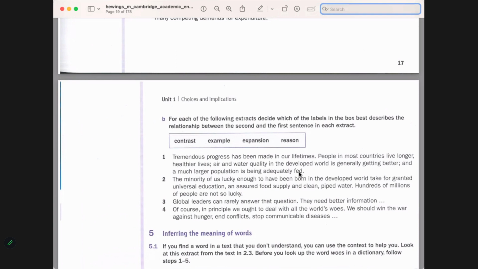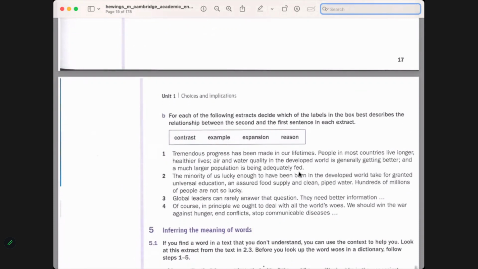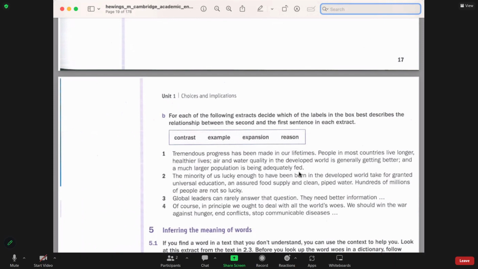It's almost the same as we have mentioned here. So why something happened. Okay, let's decide for each number where will be described the contrast, the example, the expansion, and the reason.